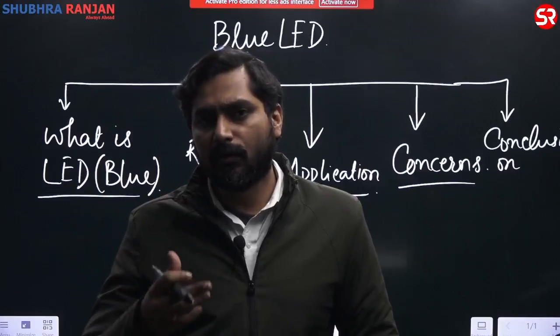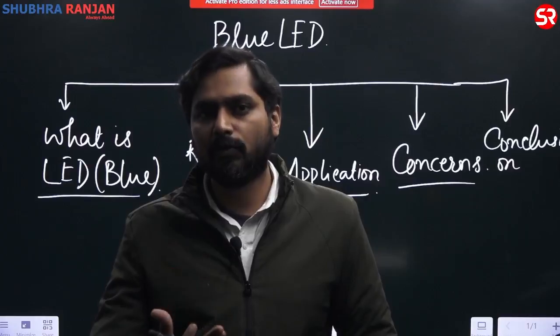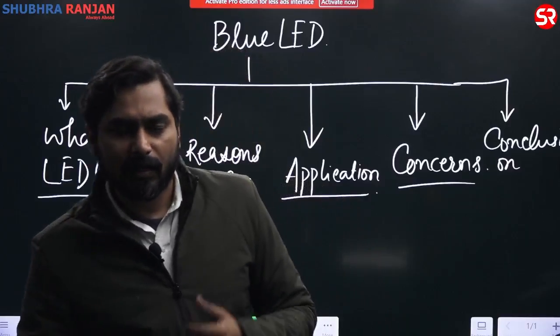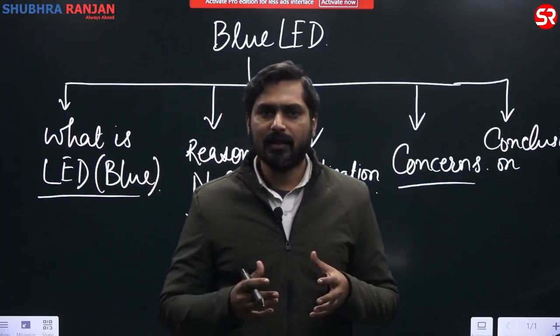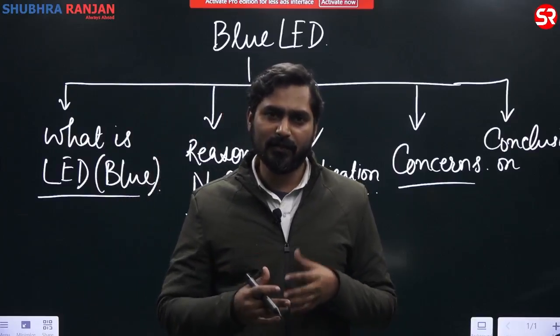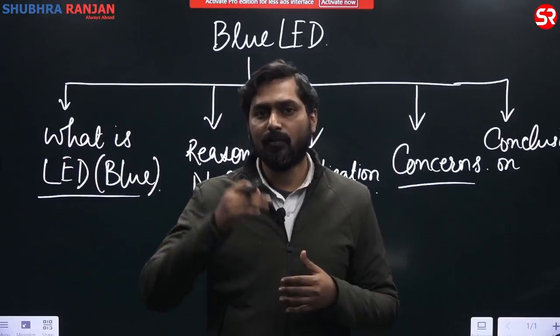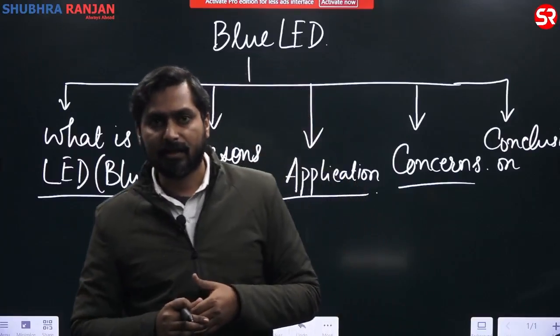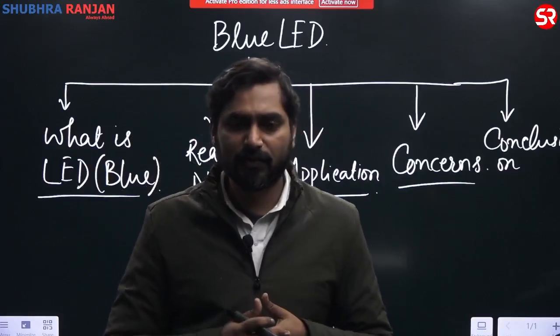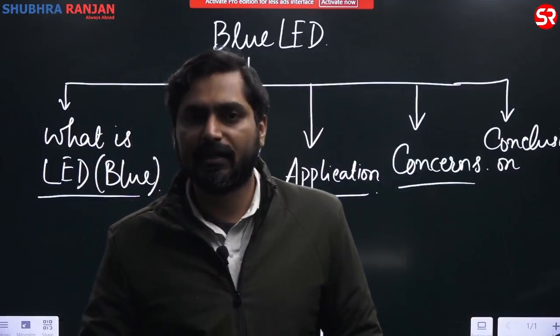So what is the novelty with respect to blue LED? This is more technologically challenging, because to produce blue LED we need more energy, or the energy range is higher. The previous LEDs that were produced were in the range of red and green.